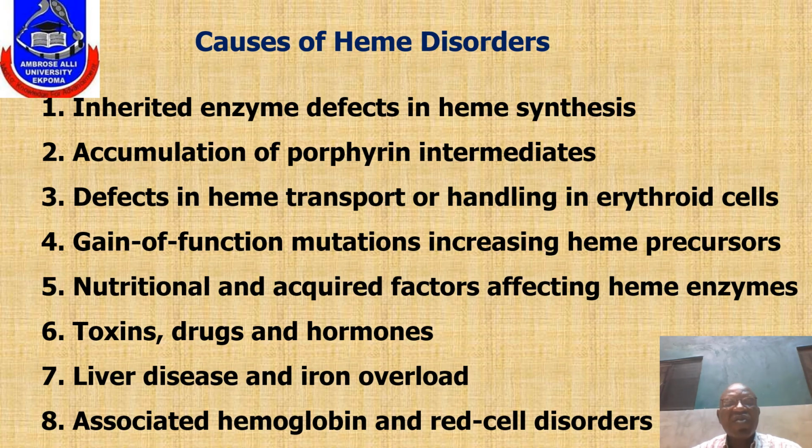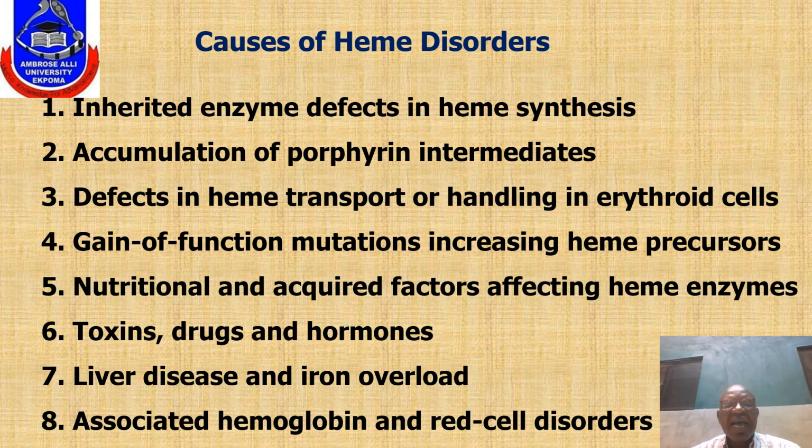Some of these causes could be attributed to 1, inherited enzyme defects in heme synthesis. 2, accumulation of porphyrin intermediates. 3, defects in heme transport or handling in erythroid cells. 4, gain of function mutations increasing heme precursors.